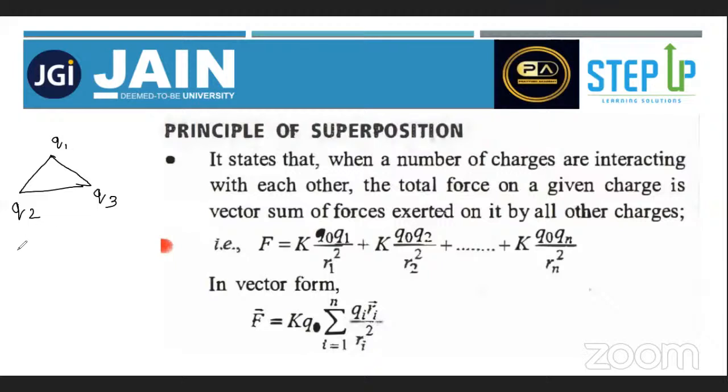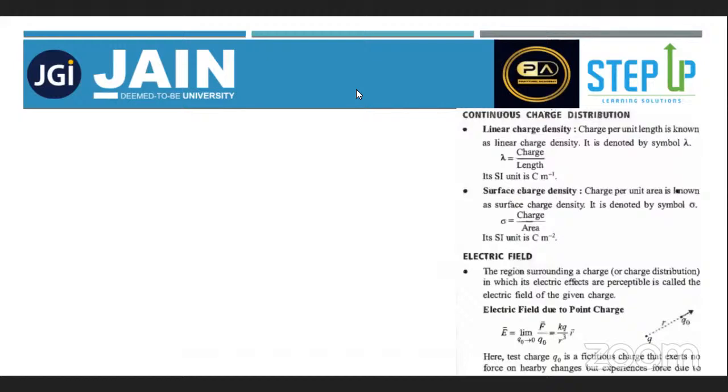I'll write k Q1 Q2 by x square plus k Q1 Q3 upon x square, and it goes on for as many charges as you have. They don't ask you what the superposition theorem is, you only use it for questions.